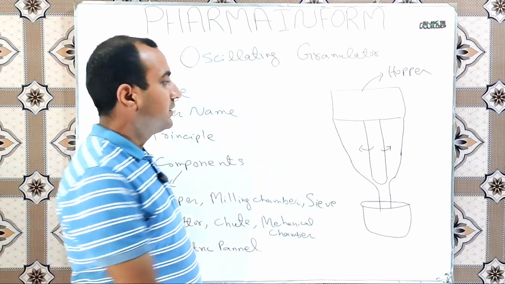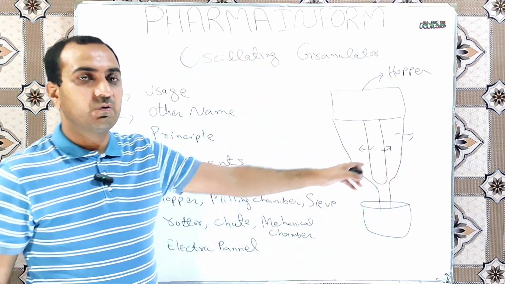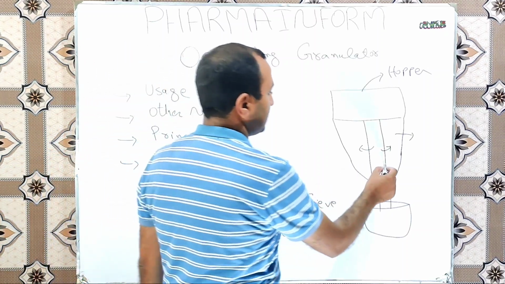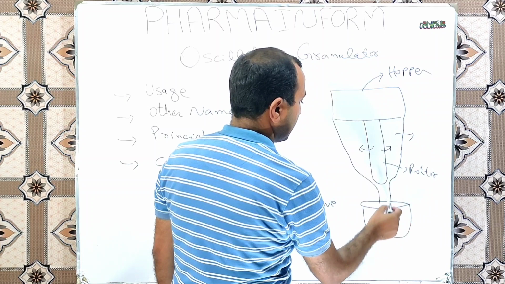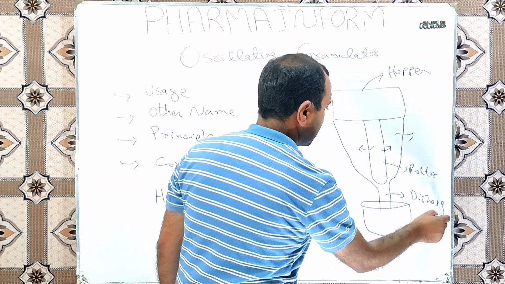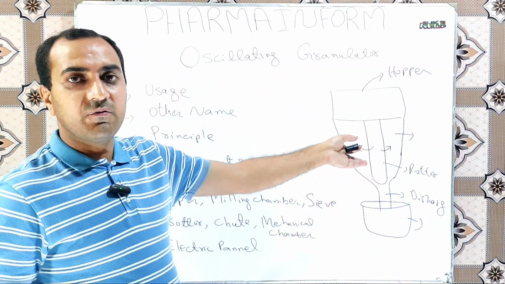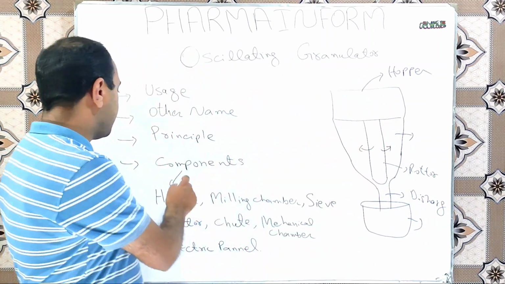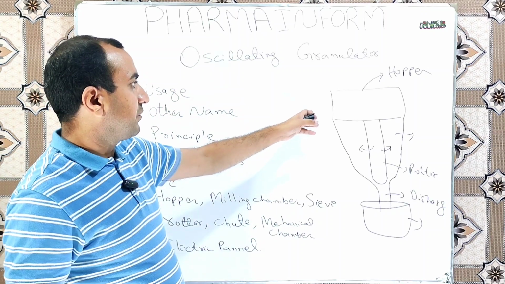This one is the sieving chamber or milling chamber. This one is the rotor, and this one is the discharge chute, and it is the container in which we collect our sieved granules. Basically these are the components of the oscillating granulator.